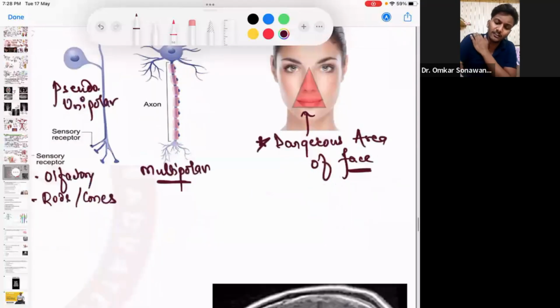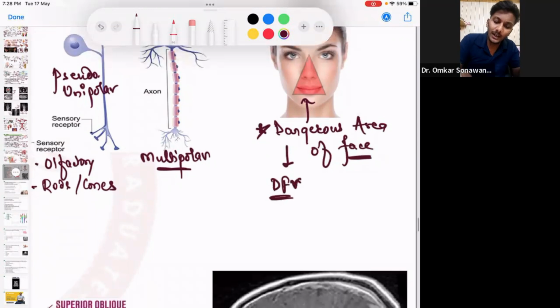Why is it the dangerous area of the face? Because it drains into the deep facial vein. But that alone doesn't make it dangerous. This deep facial vein communicates with the pterygoid plexus.